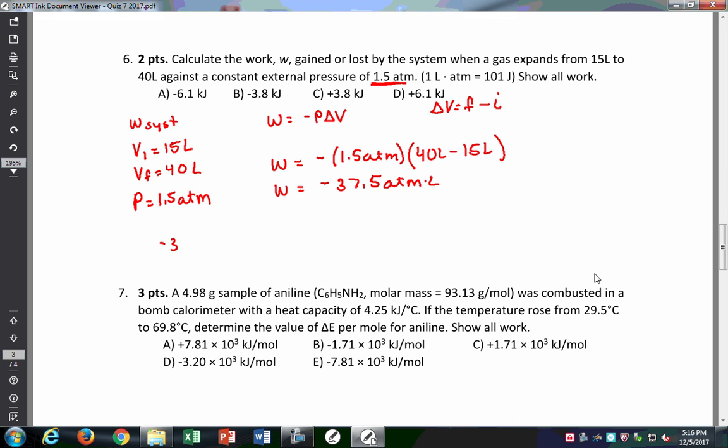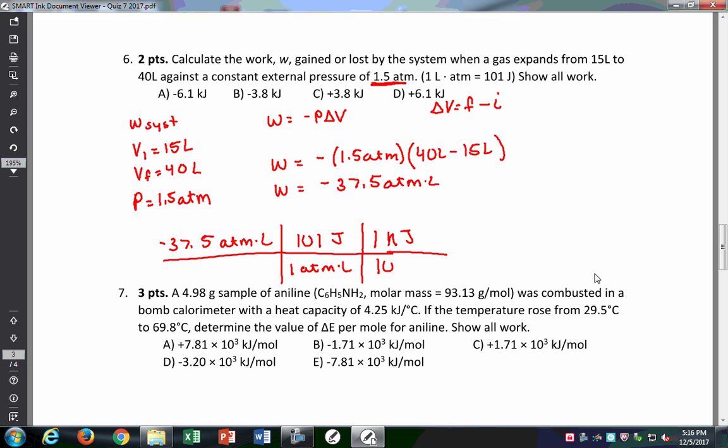So we can do the conversion. Negative 37.5 atm times liter. We know that 1 atm liter is equal to 101 joules, but our answers are in kilojoules. So again, 1,000 joules is equal to 1 kilojoule. But you do need to know that conversion. How many joules is equal to a kilojoule?